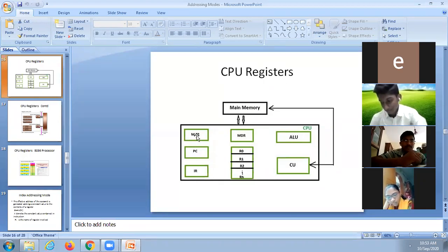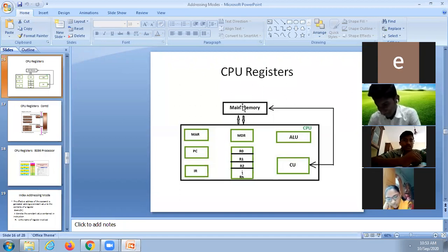Always the MAR and MDR are connected to main memory. These two are the registers which access the memory. When the program counter contents are stored in MAR, that means the memory is being addressed.